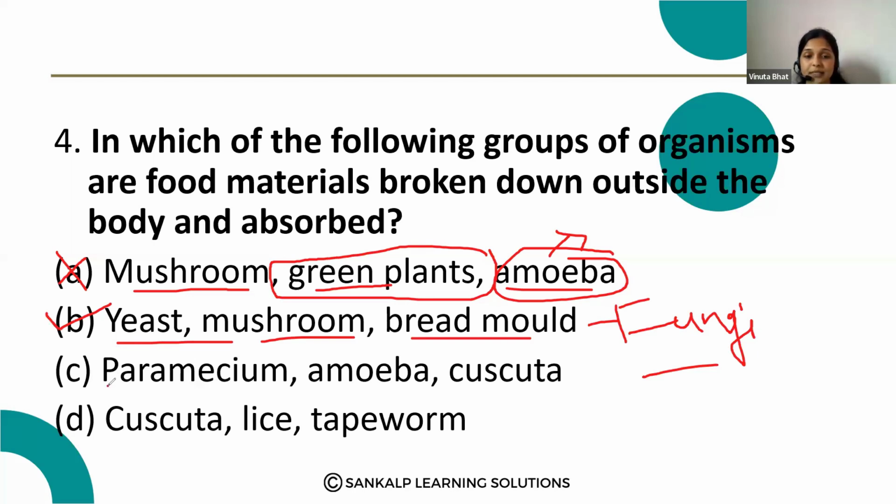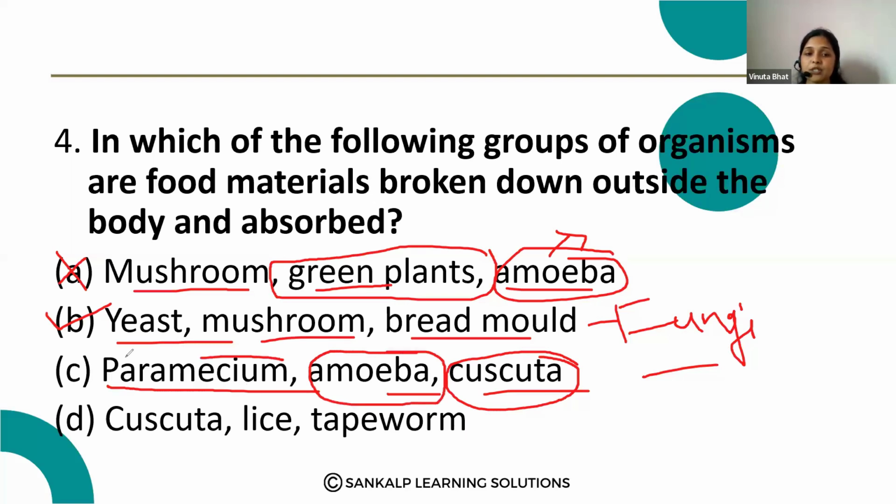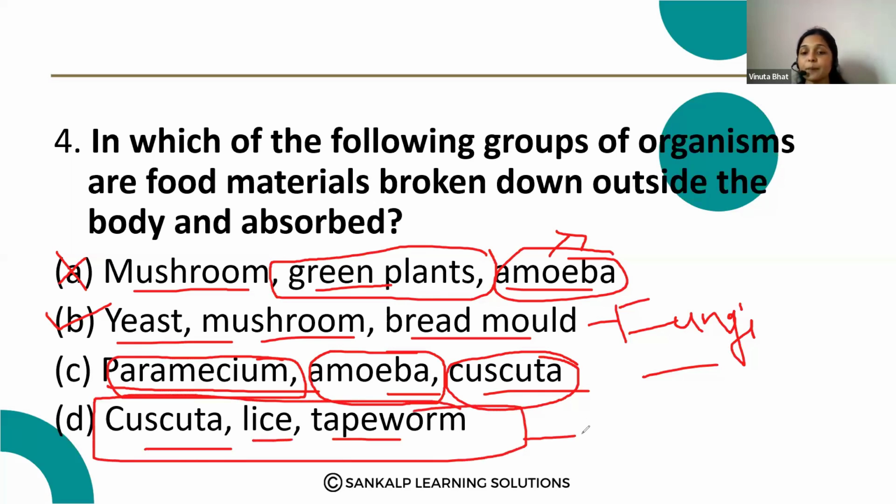See option C: Paramecium, amoeba, cuscuta. Cuscuta is a parasitic plant. In amoeba and Paramecium, food digestion takes place inside the body, not outside. And cuscuta, lice, tapeworm are parasites.